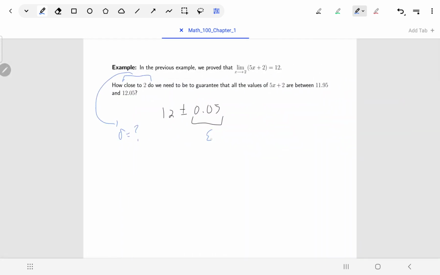So if I want my y values to be within plus or minus 0.05, then my x values need to be within plus or minus 0.01.